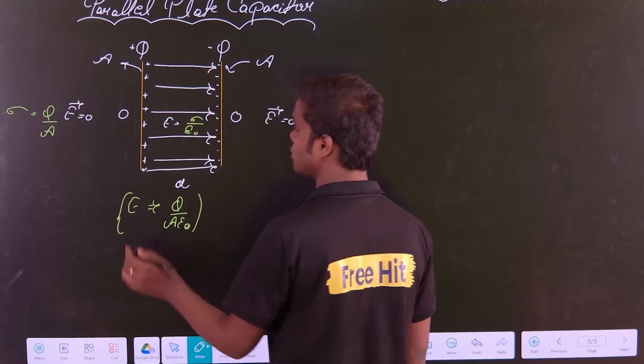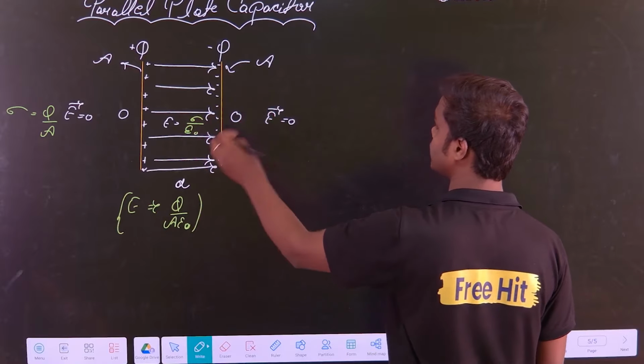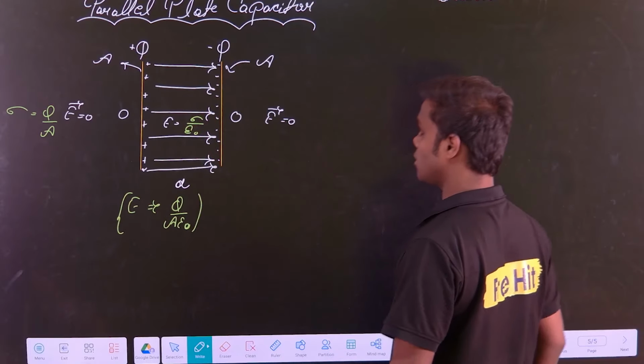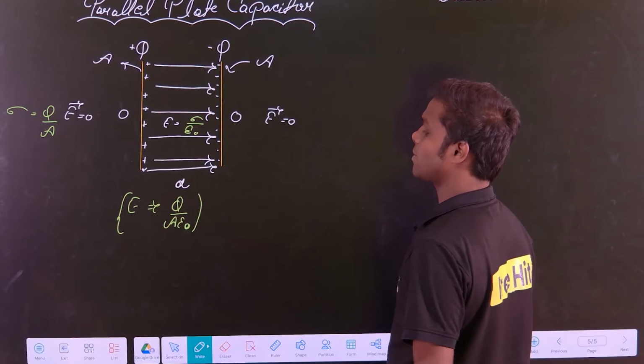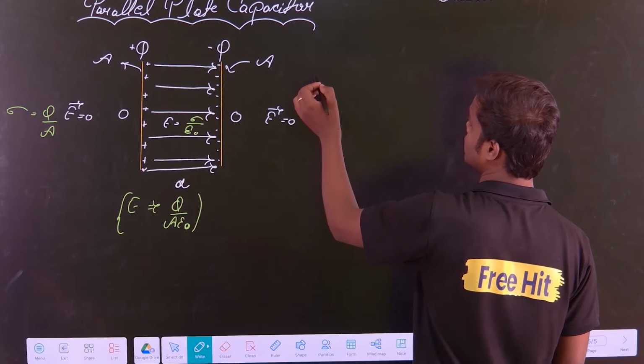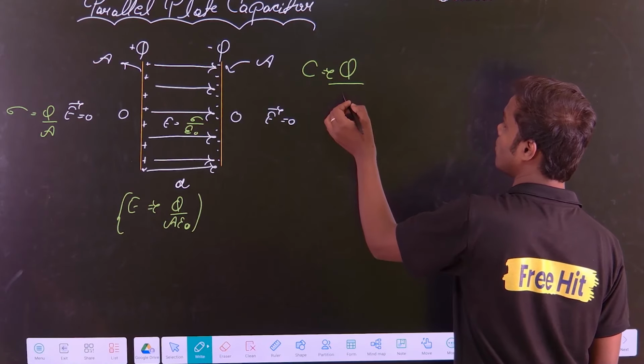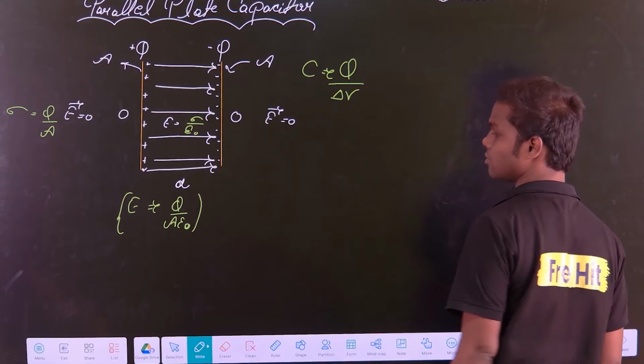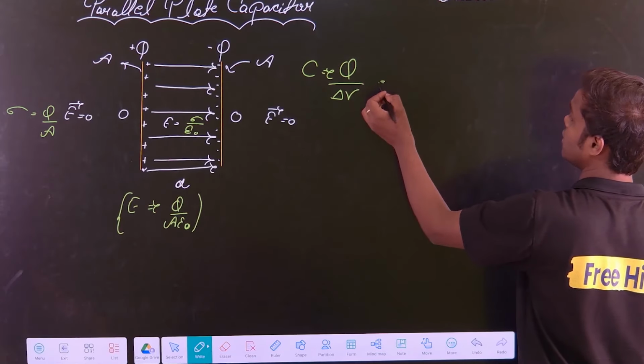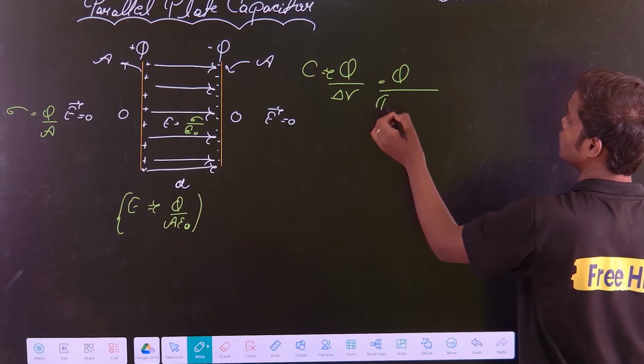Correct? Now if I want to calculate the capacitance for this, the capacitance formula is very simple: q upon the potential difference.